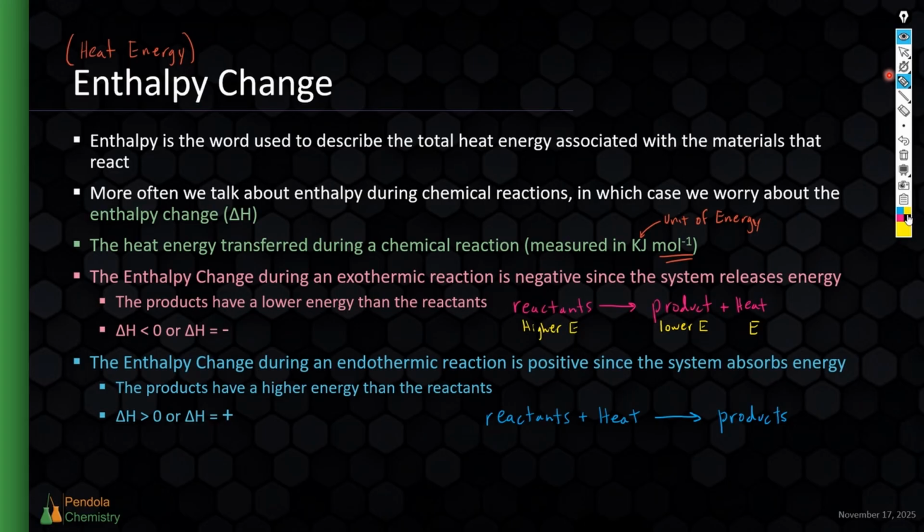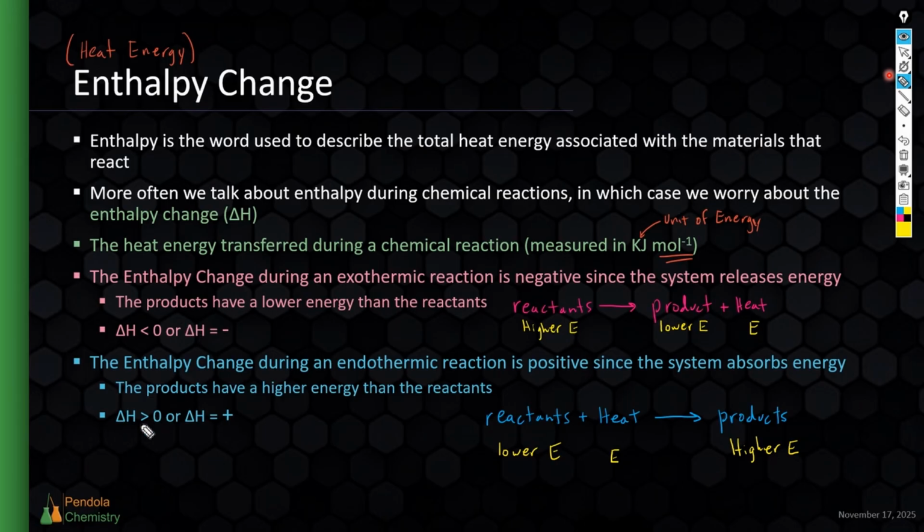So essentially in an endothermic reaction, because the reactants are lower in energy than the products, in order for the reactants to become the products, they need to gain energy. And so the reactants are going to absorb energy in the form of heat and then become the products, which are higher in energy.